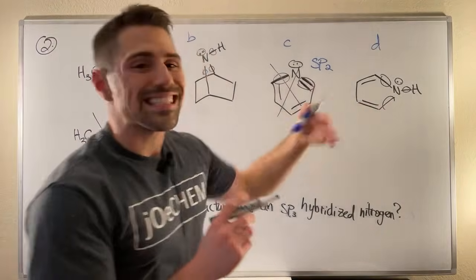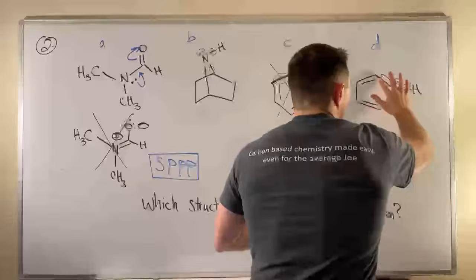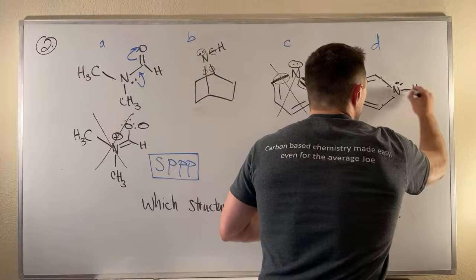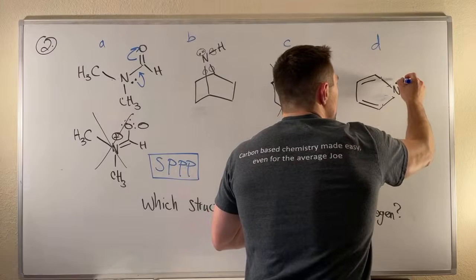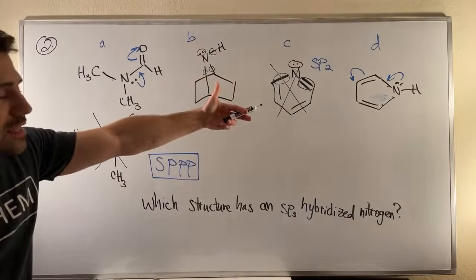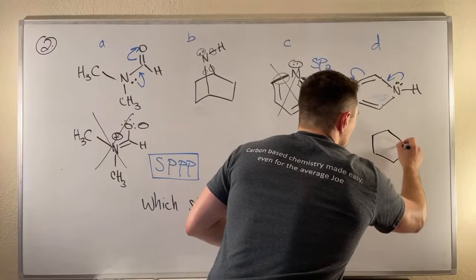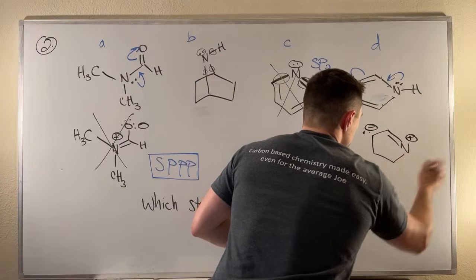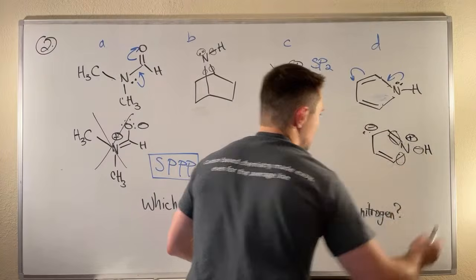Now over here, it's the same exact thing. There's actually more going on here, but you'll learn more about that in the beginning of OChem 2. Again, there is the ability in this structure for this electron pair to swing down, and this double bond to kick up. So again, there's resonance there, and in the resulting resonance structure you would have an sp2 hybridized nitrogen because 1, 2, 3.